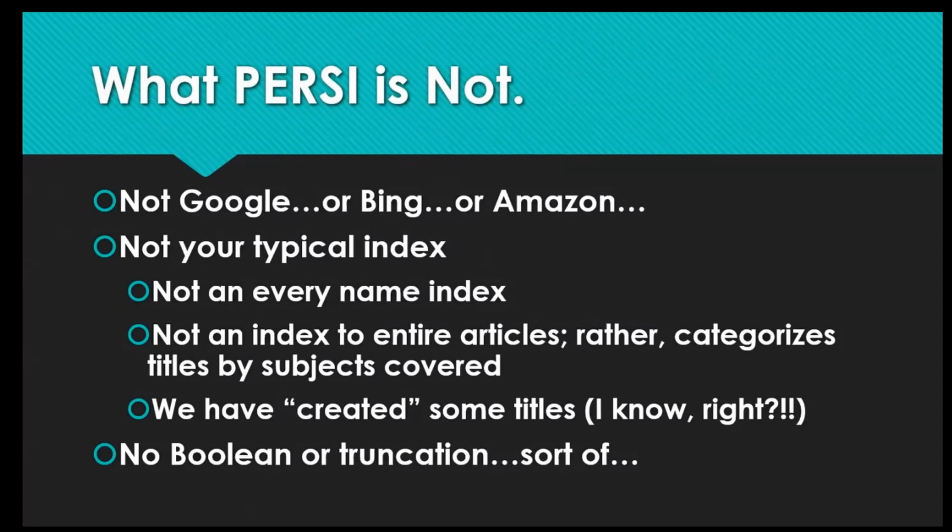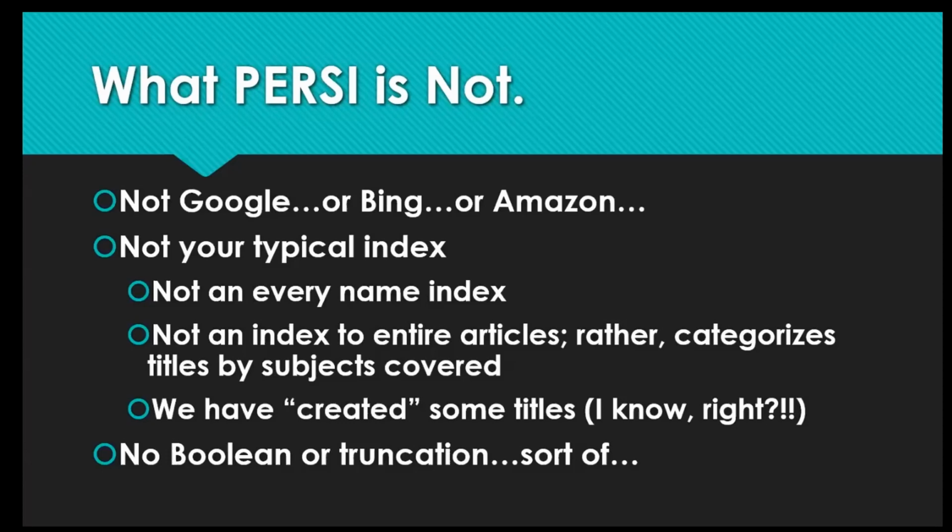It's so easy to use, but I think it's really fair to go through this little bulleted list of what PERSI is not. So first and foremost, PERSI is not Google or Bing or Amazon. I know, and it's a good thing generally. We've been kind of spoiled with really great search algorithms.